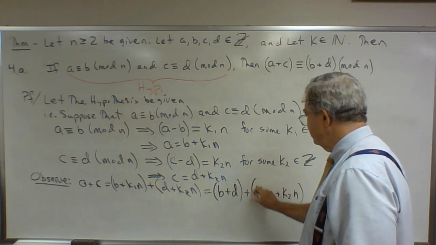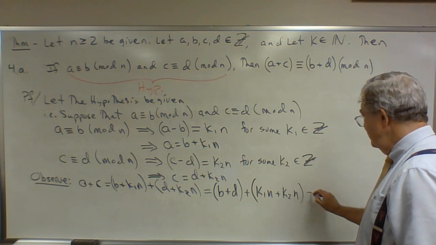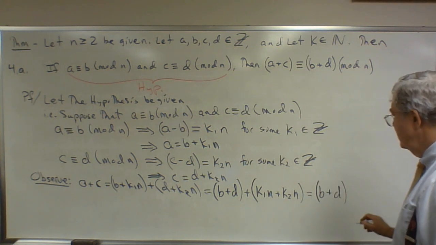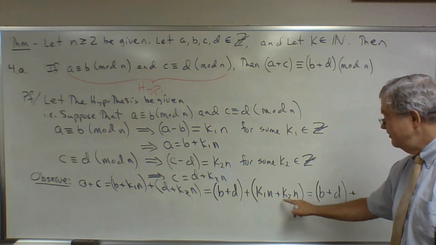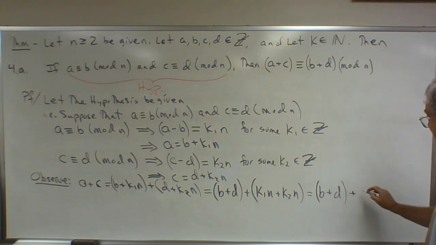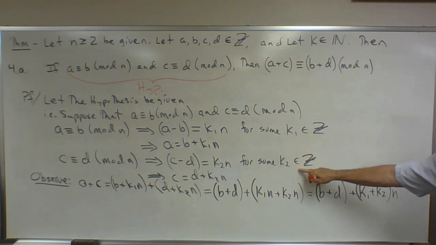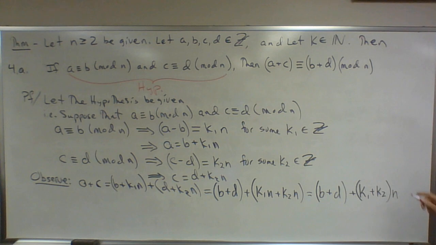Oh yeah. And that's equal to B plus D, common factor of n here, so we're going to have k1 plus k2 times n. k1 integer, k2 integer, so their sum is also an integer.